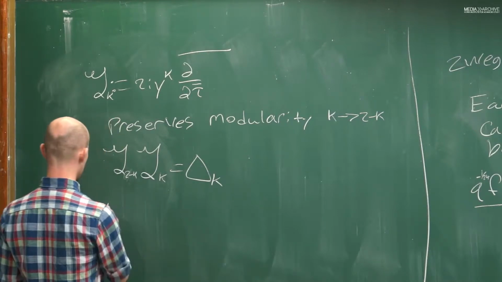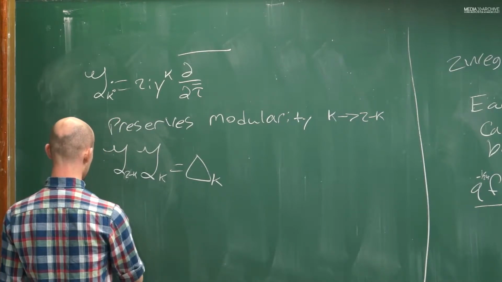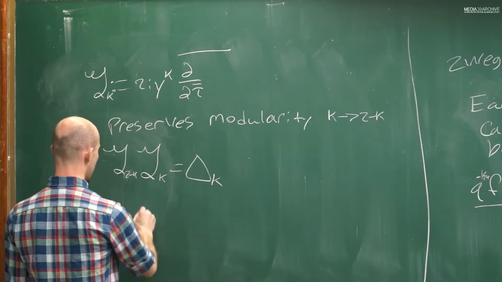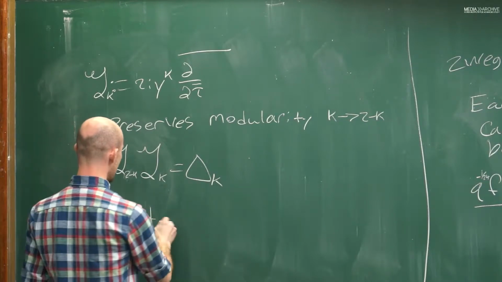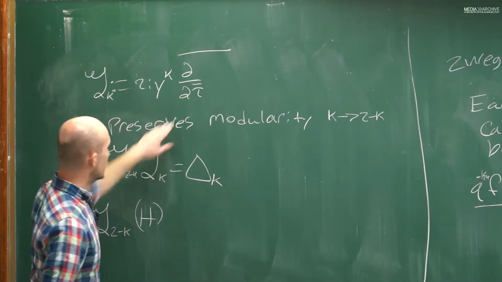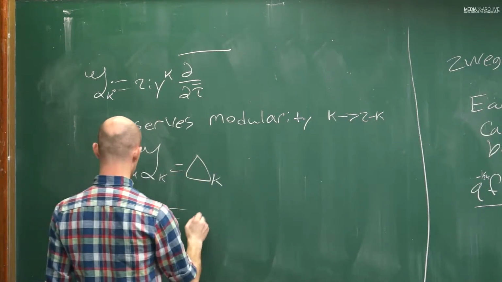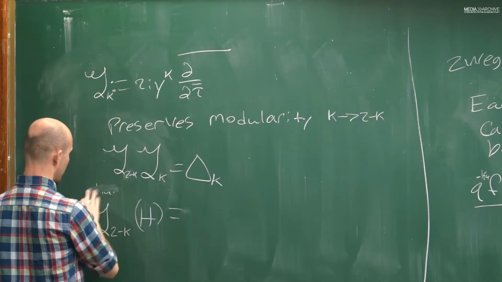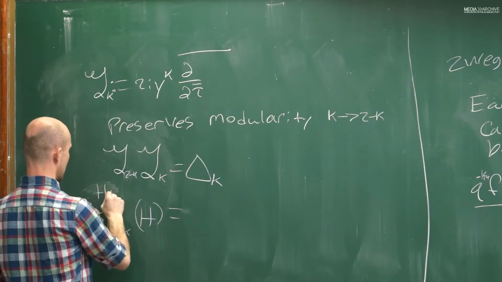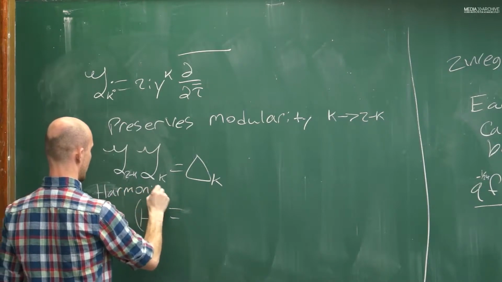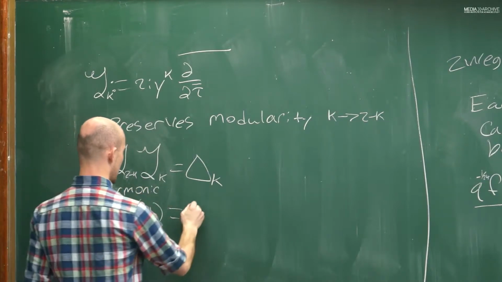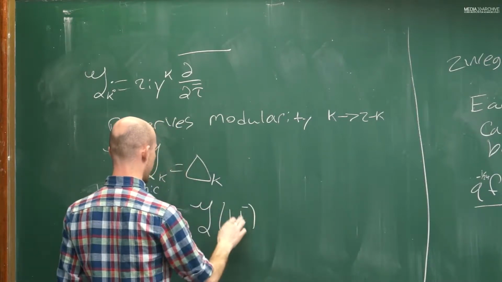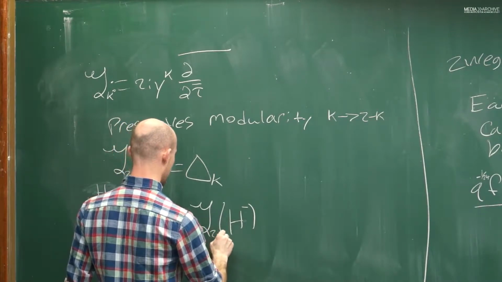As an operator, if I act with xi of weight 2 minus k on a harmonic Maass form, it is going to annihilate the holomorphic part. What I'm about to say is only true for a harmonic Maass form, but it will annihilate the holomorphic part, so it's the same as just acting on the non-holomorphic part.